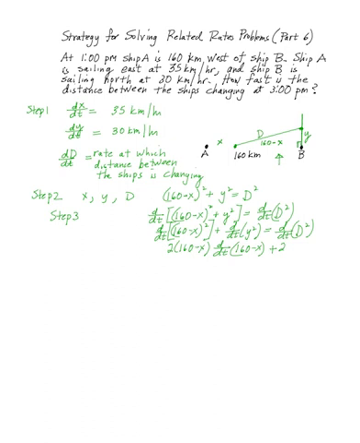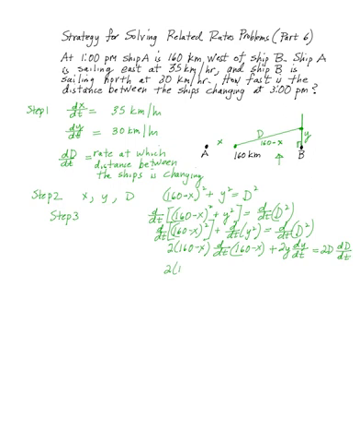Well, the derivative of the outside is 2y, but the derivative of the inside is dy dt. Remember, y is a function of t. And similarly, for the derivative with respect to t of d squared, the derivative of the outside is 2d. The derivative of the inside is the derivative of d with respect to t.